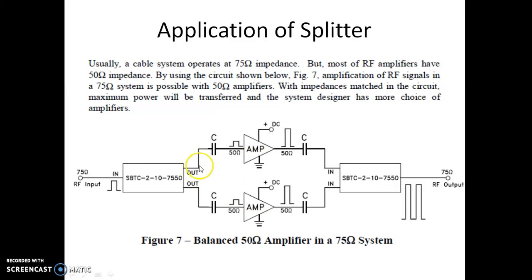The most important thing is the matching of the impedance of the amplifier and the splitter output, and again the amplifier output and the combiner input, and finally the combiner output impedance should perfectly match with the RF line impedance, which is again 75 ohm. So this is a combination of splitter as well as a combiner in amplifying a signal on an RF line.